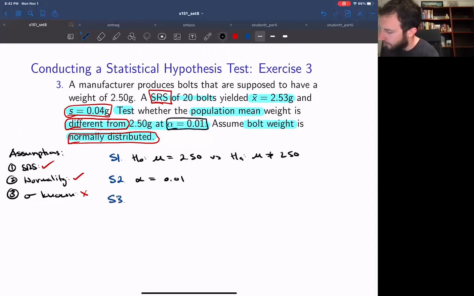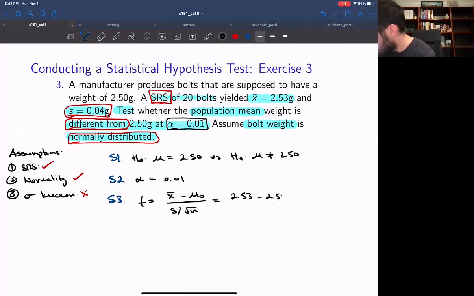Step 3, t equals x bar minus mu 0 divided by s over the square root of n. That's 2.53 minus 2.50 divided by 0.04 over the square root of 20, and that's 3.354.